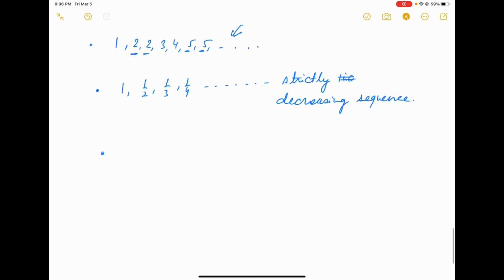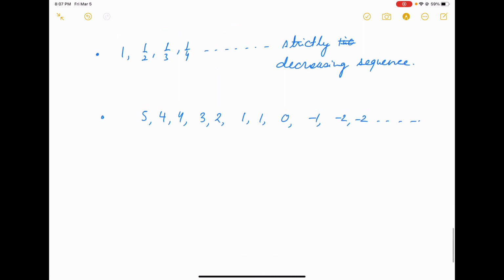If any two numbers may be the same, then this is called a monotonically decreasing sequence. Suppose we write 5, 4, 4, 3, 2, 1, 1, 0, -1, -2, -2, like this sequence.